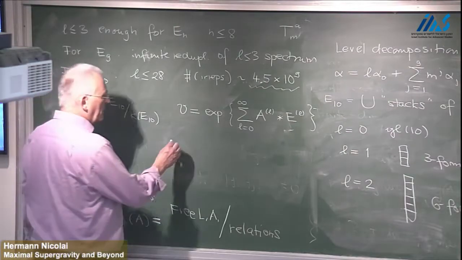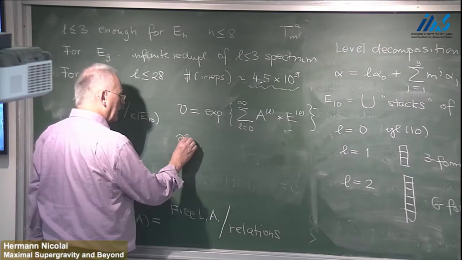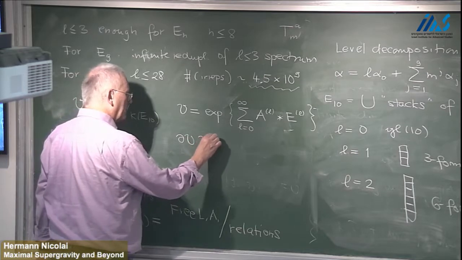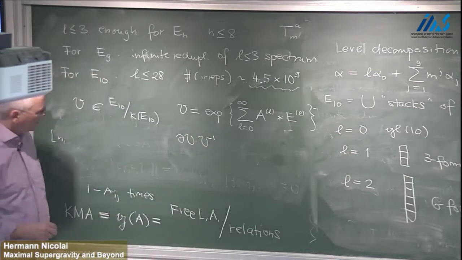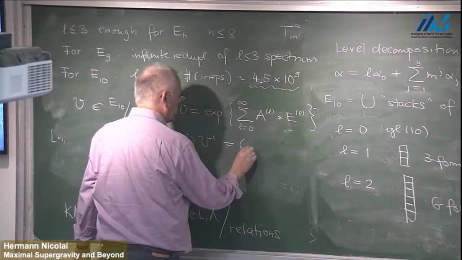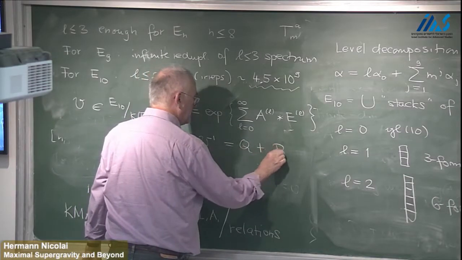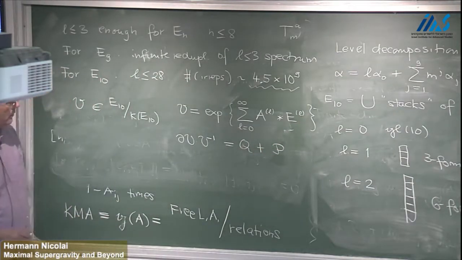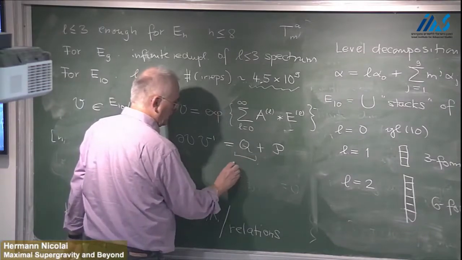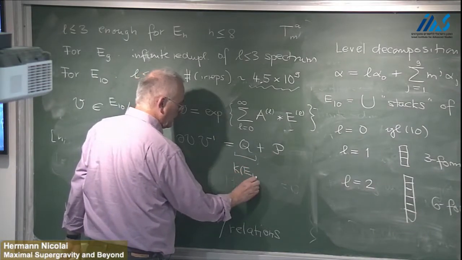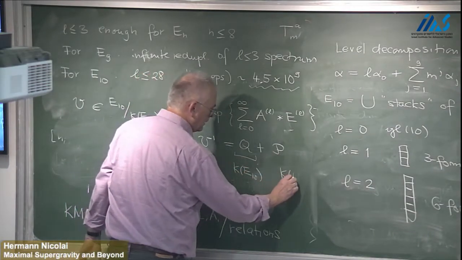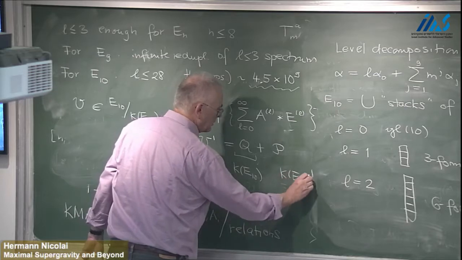And then you use the same kind of technology that I showed you last time. You look at the Cartan form. You write it as Q and P, where this is in KE10, the compact subalgebra, and this is the KE10 orthogonal complement.